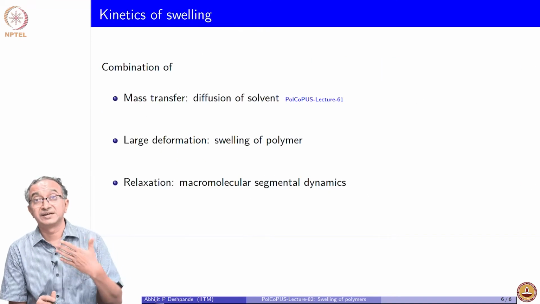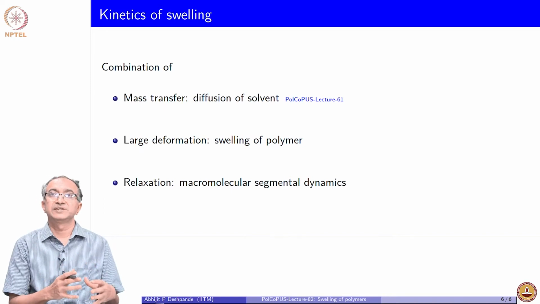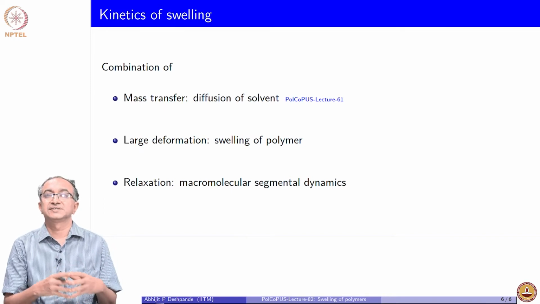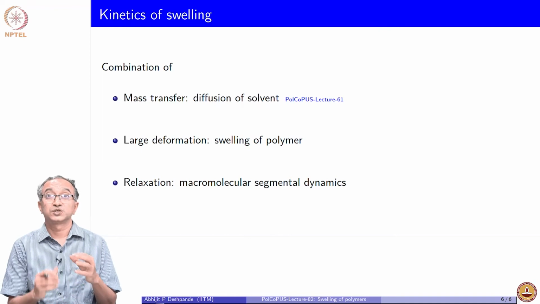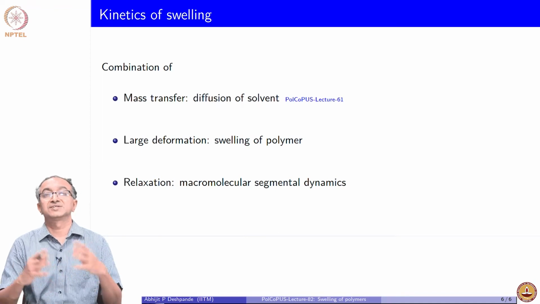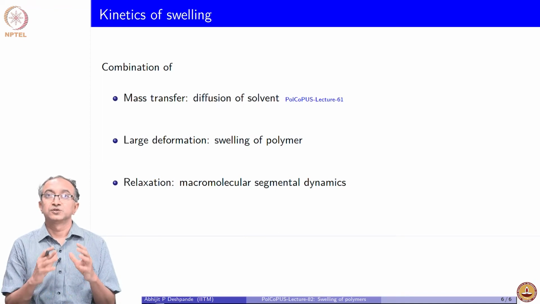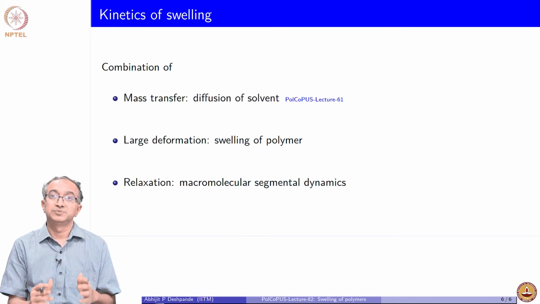Now, in terms of kinetics of swelling, some of what we discussed during absorption kinetics, diffusion in polymers, all of that has to be combined together in terms of swelling, with one major difference, that swelling deformation can be extremely high. Superabsorbent polymer can absorb 8 times its own weight.